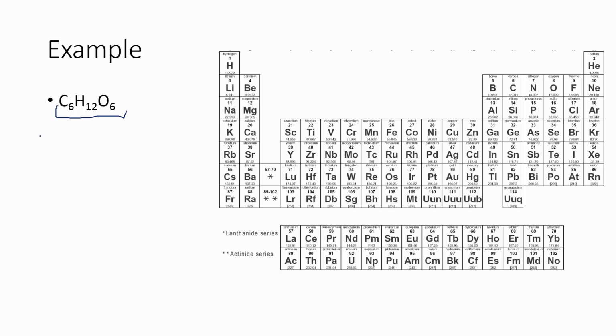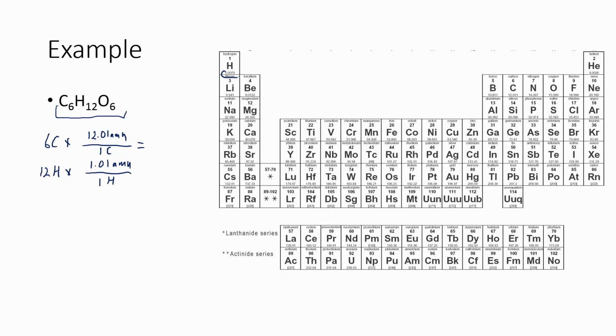So let's look at another molecule, C6H12O6. So 6 carbons times 12.01 AMUs every 1 carbon, plus 12 hydrogens, and there's about 1.01 AMUs every 1 hydrogen.